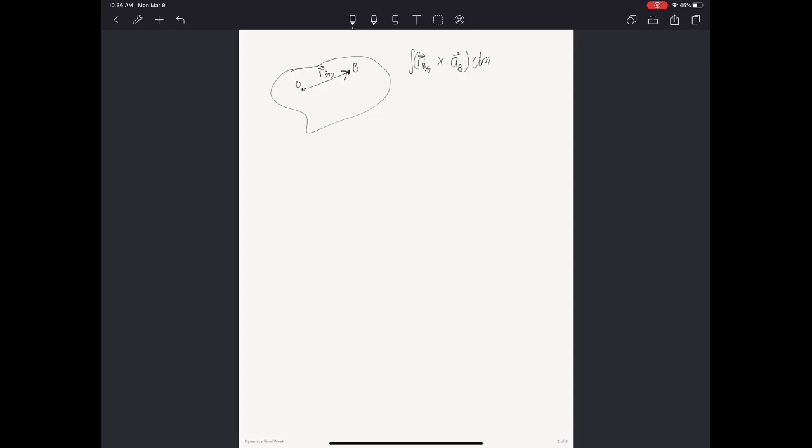First of all, the acceleration of B can be found relative to point O in the following way. Acceleration of B, this is not going to be enough space. I'm going to erase that and move down the page. Sorry, everybody.